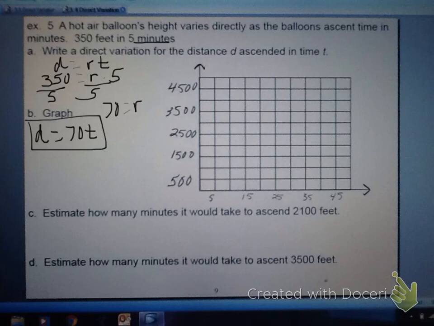And again, instead of x and y, it's going to be d and t. Okay, obviously we have the (0, 0). Now I'm just going to randomly pick a number. I'm going to pick 20. Oh, I've got this backwards, sorry.